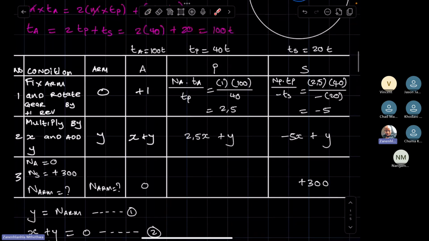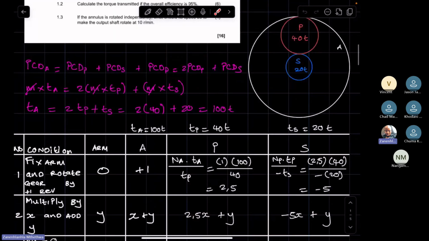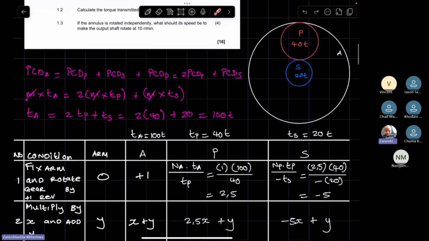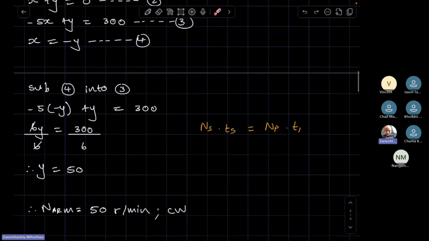And then from here, because the planetary gear is meshing with the annulus, which is a ring gear, the two gears tend to rotate in the same direction. Meaning, if the annulus is rotating clockwise, then the planetary gear would also rotate clockwise.